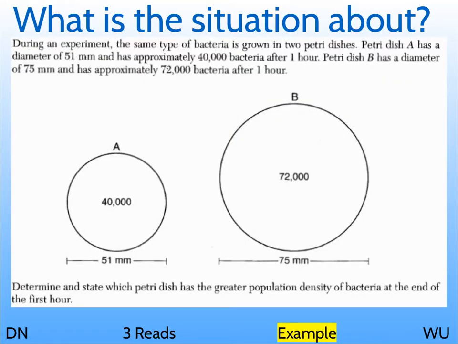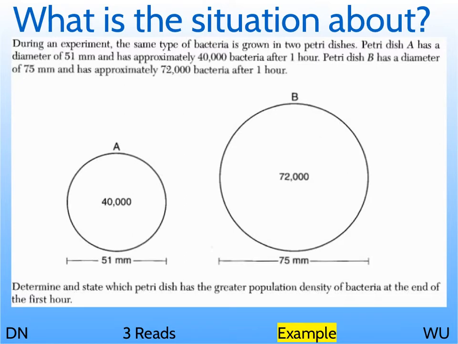So, first thing we're going to do is read through the situation and figure out what this is even asking about. During an experiment, the same type of bacteria is grown in 2 petri dishes. It's important: 2 petri dishes, same bacteria. Petri dish A has a diameter of 51 millimeters and approximately 40,000 bacteria after 1 hour. Petri dish B has a diameter of 75 millimeters and approximately 72,000 bacteria after 1 hour.